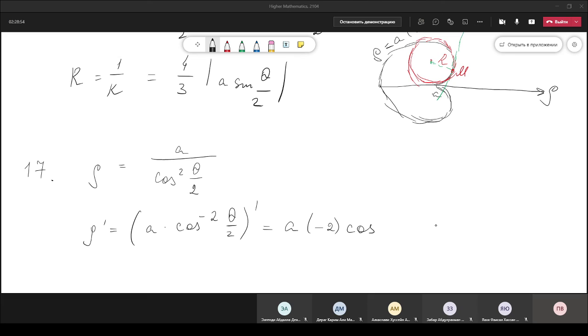Cosine our function with power without 1, minus 2 minus 1 difference times derivative of cosine.